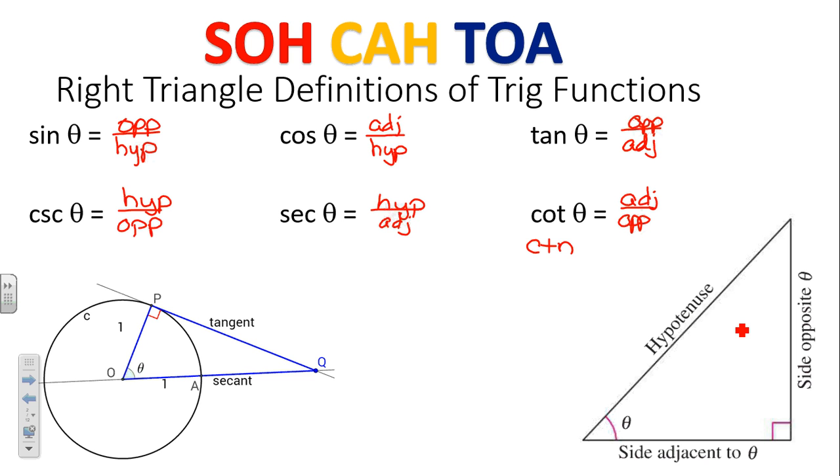Likewise, the cosecant and the secant are complementary. So if I know the cosecant of 10 degrees, I know the secant of 80 degrees as well. Make sense? Cofunctions, complementary functions.